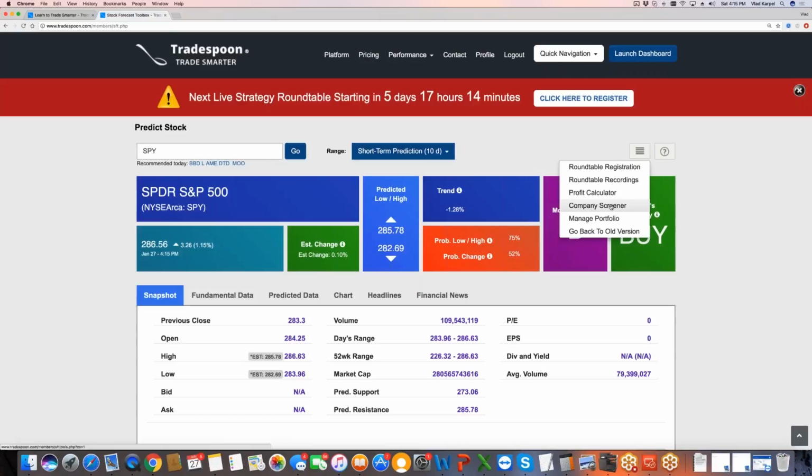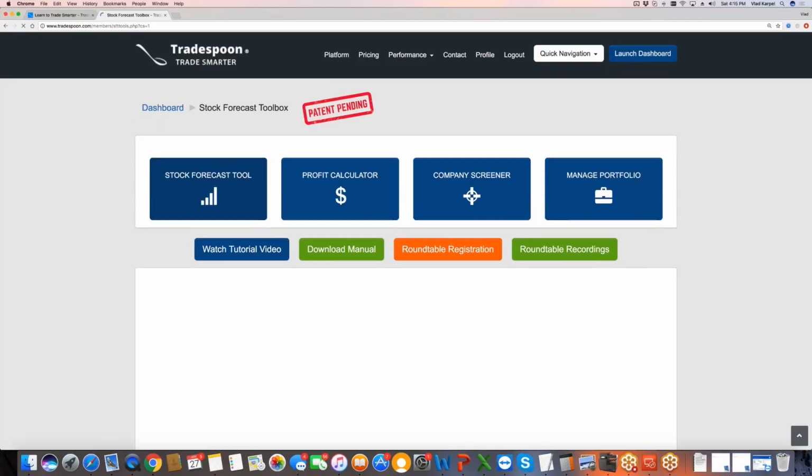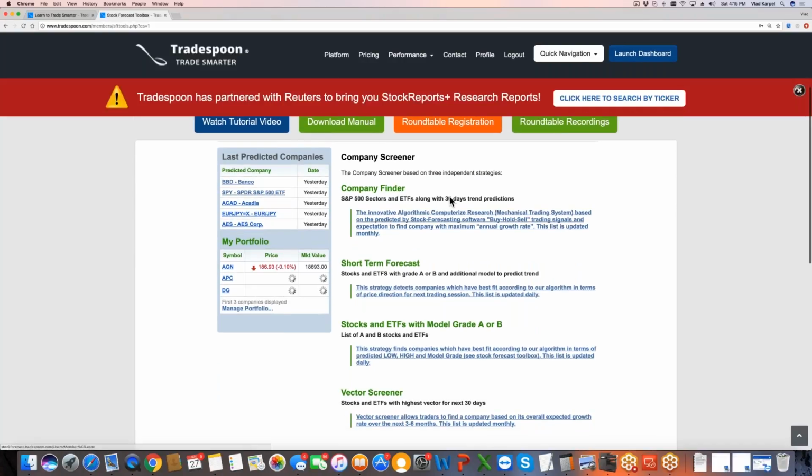If you go to company screener, I just want to show you some of the screens that you can see. This is for the next 30 days, and these are for short-term trades. This gives you all the stocks and ETFs with grade A and B, very popular. This is all the stocks with grade A and B, but also that are accurate in predicting the direction, right? So we have these different screens.